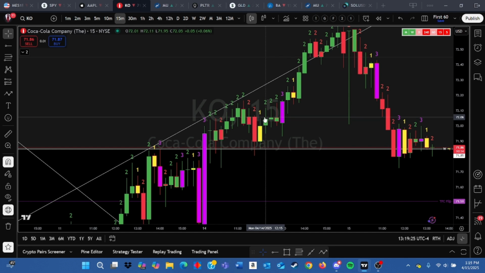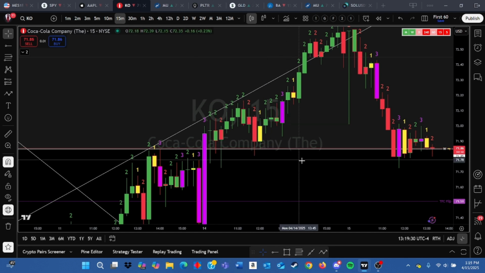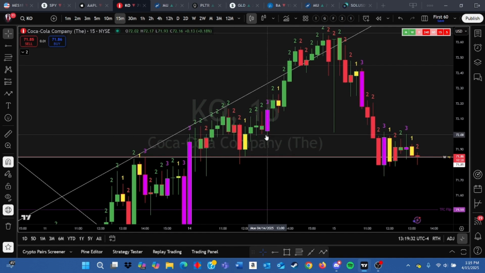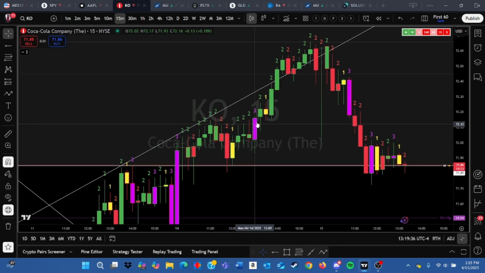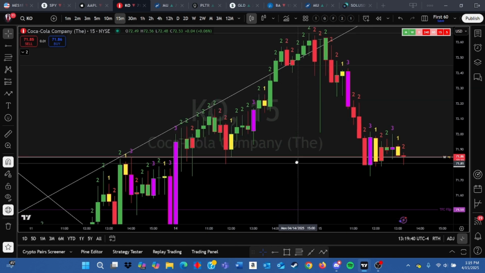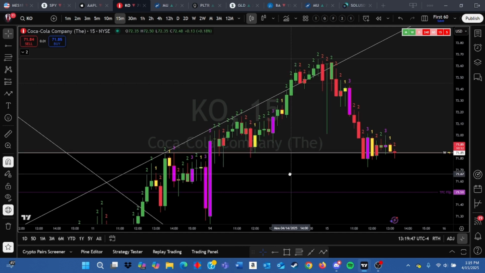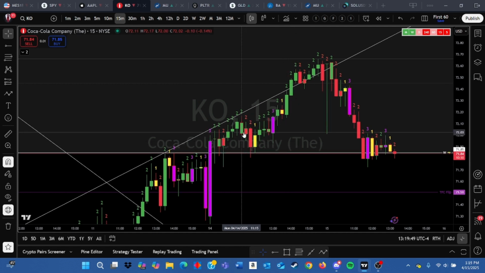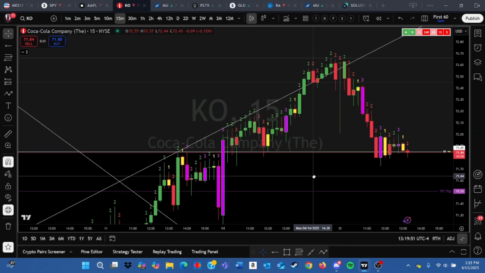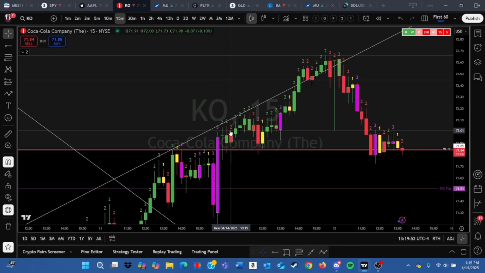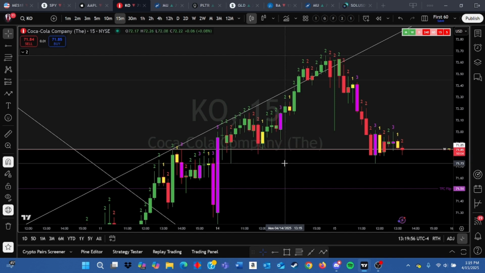And then right here again, 212 back up. Maybe you re-enter here, and then maybe you actually get stopped out once this goes 2-2 back down. And then we go 3-2 up and 2-1-2 up, and maybe you get back in here. So with the strat, if you're going to take smaller time frames, which is usually the recommended way to do it because of the risk management part of the strat, what's going to happen is you may go break even or lose some of your trades.